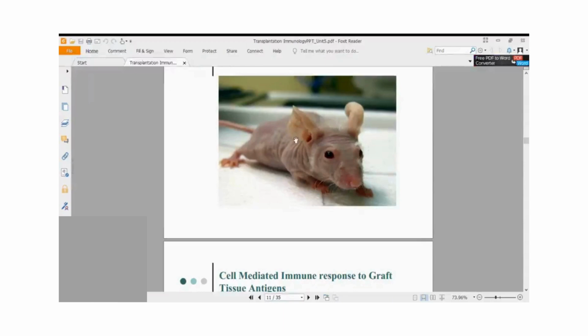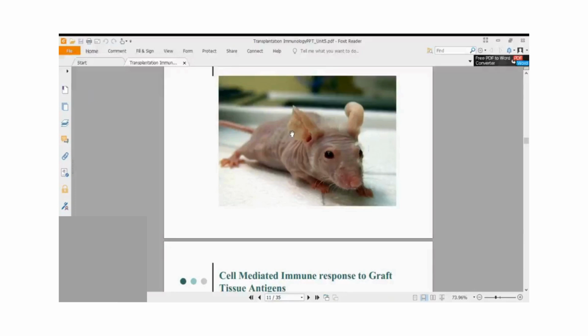Before that, the person's thymus used to be compromised, either by thymectomy, where the thymus used to be removed. By removing the thymus, the person used to be compromised as far as cell-mediated immune response is concerned, and therefore the graft used to be accepted.